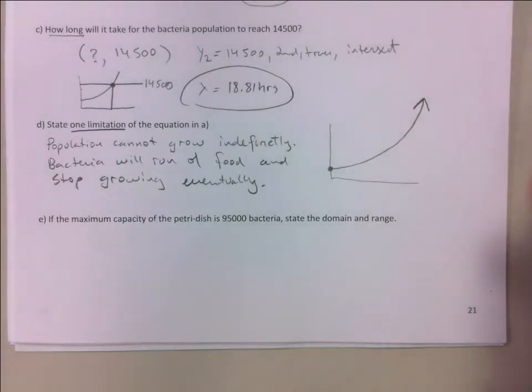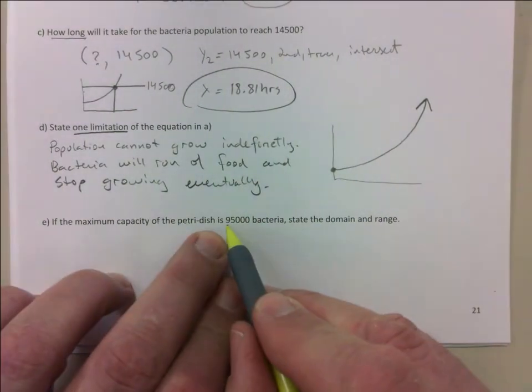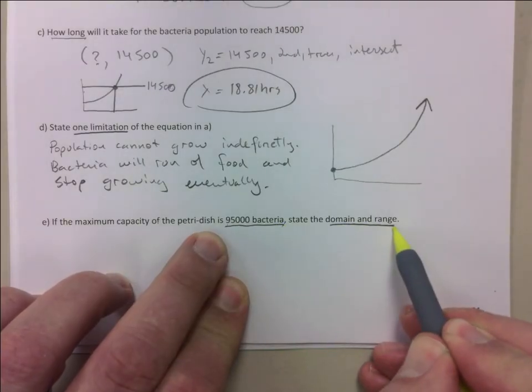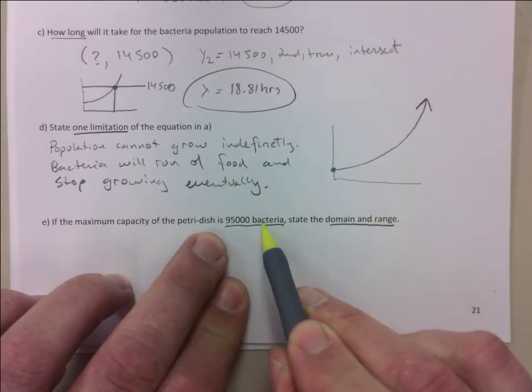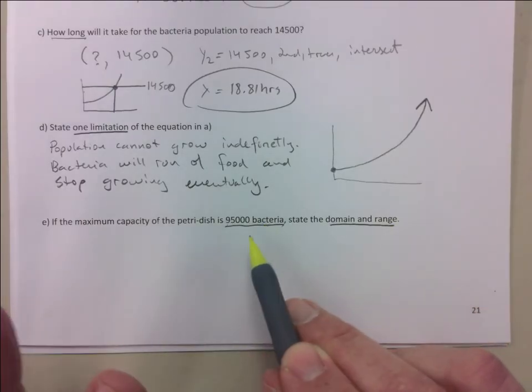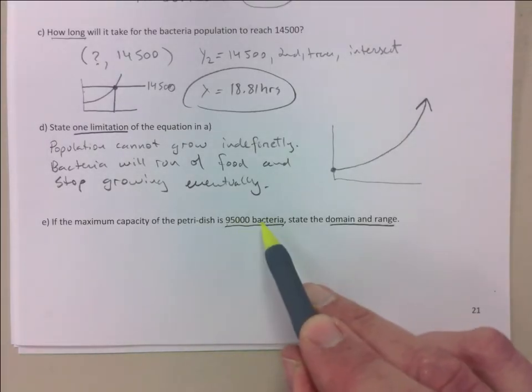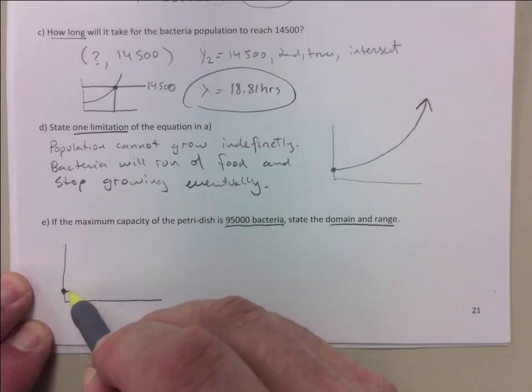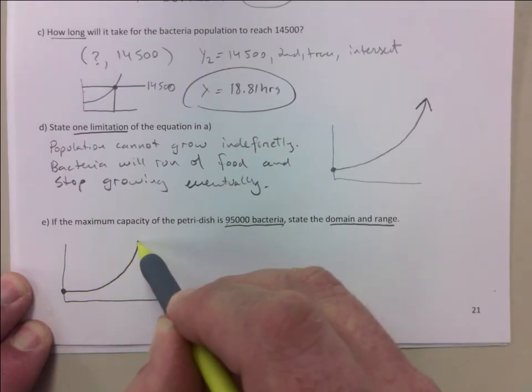Next, if the maximum capacity of the Petri dish is 95,000 bacteria, state the domain and range. So I'm capping it off. I'm getting rid of the arrowhead. That's what this is doing. I love my sketches for domain and range. So it grows, but then it stops, right?